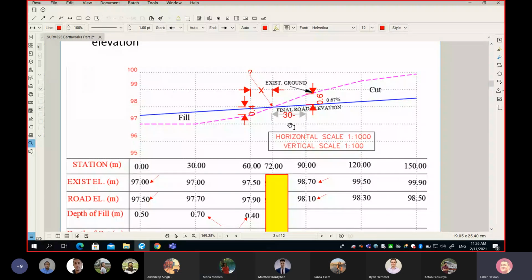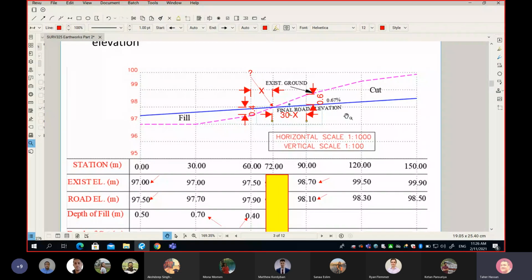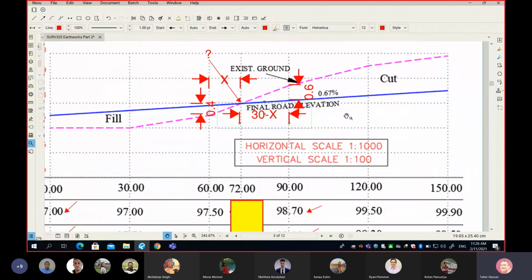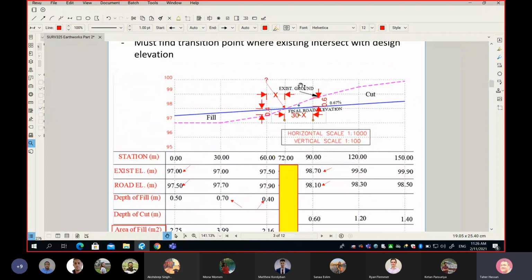I'm pretty sure that you've done this several times. This is called similarity of triangles, where you can write a very simple equation. You can say x divided by 0.4 equals (30 minus x) divided by 0.6.